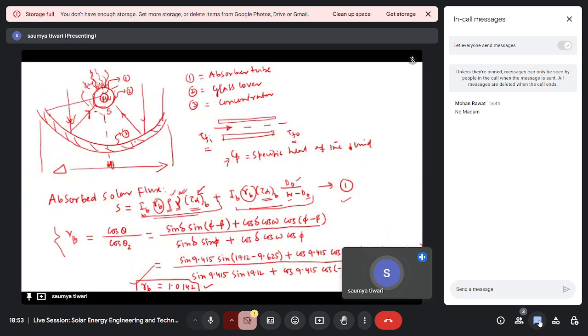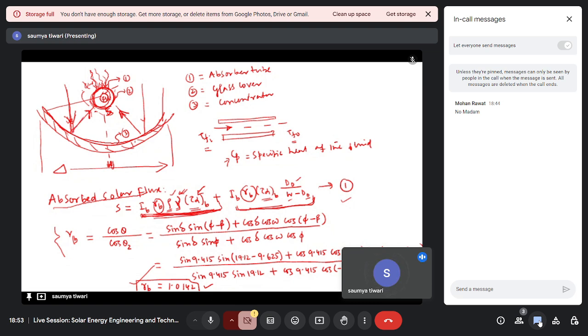Now, how will the absorber solar flux received at the absorber be calculated? What has been reflected plus what has been directly incident on this absorber, the sum of these two values. Whatever beam radiation is falling on this reflector, not all of it is reflected.